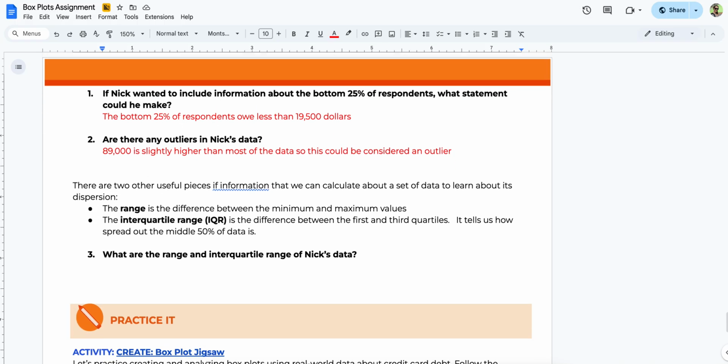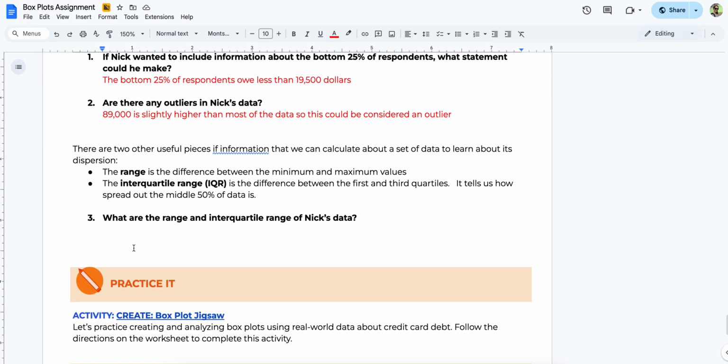Another thing you can do is figure out your range and interquartile range. Your range is the difference between the minimum and maximum. In this case, we have 89,000 as our high and 5,000 as our low, so 84,000 would be our range.